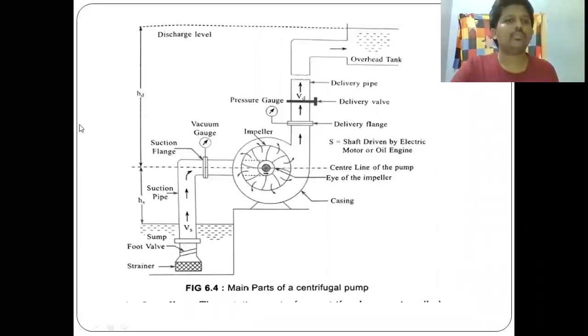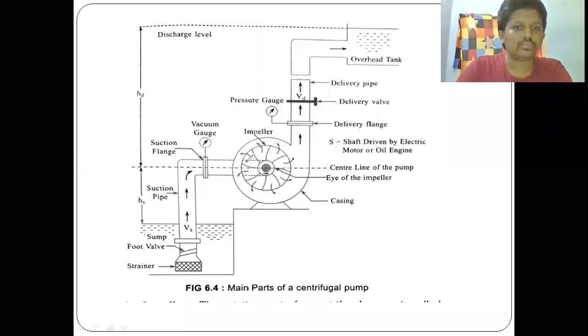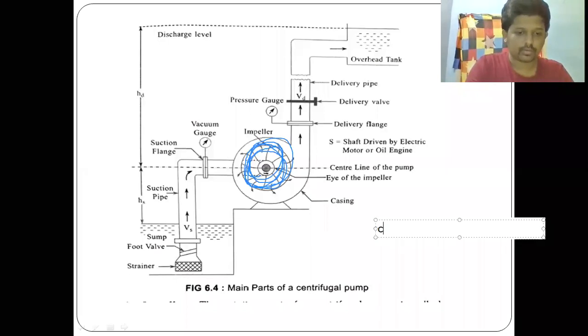Now we'll see the sketch, a schematic of a centrifugal pump. This is our impeller part, which starts rotating here. This rotation creates centrifugal force, because our main motto is to create the centrifugal force. This centrifugal force is creating force towards the center.